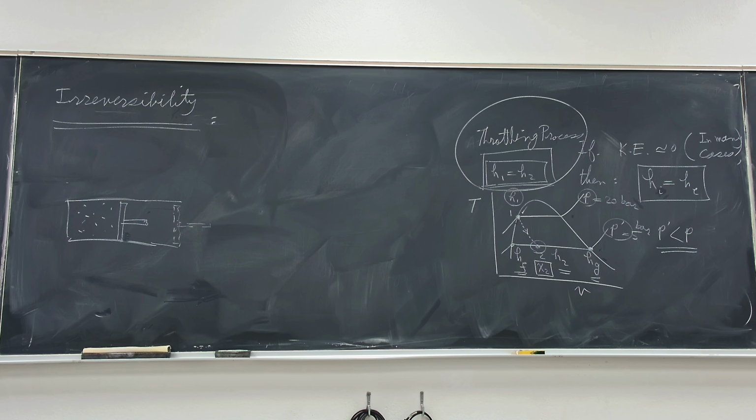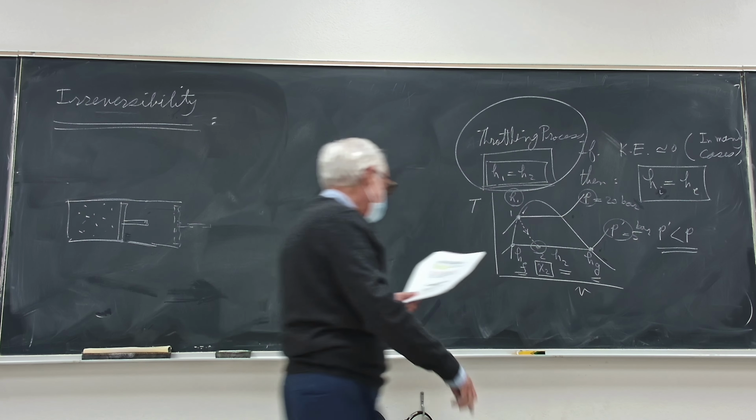An ideal process is one that is reversible. But how do we actually get to that? Irreversible and reversible process.